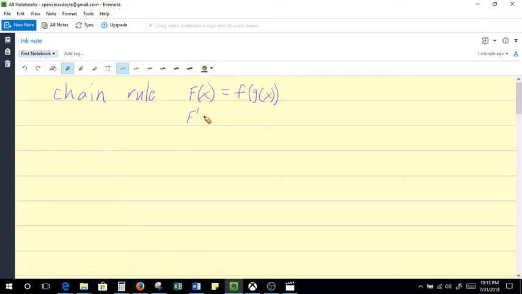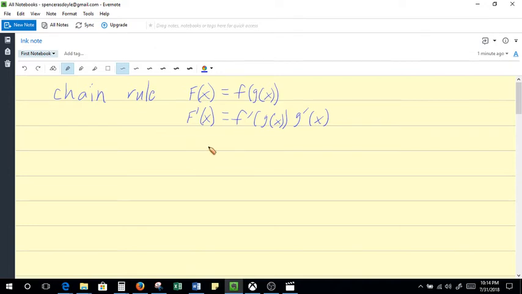So I can say f prime of x, which is taking the derivative of this, is f prime of g of x, g prime of x.